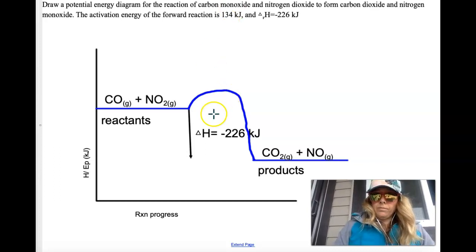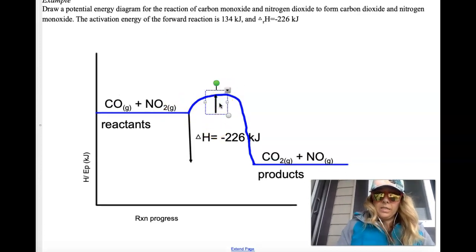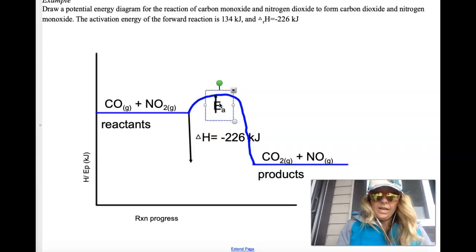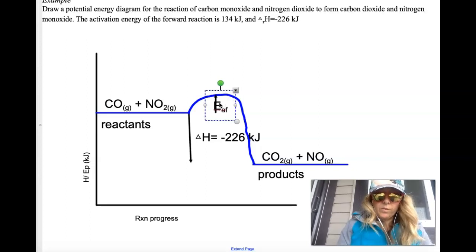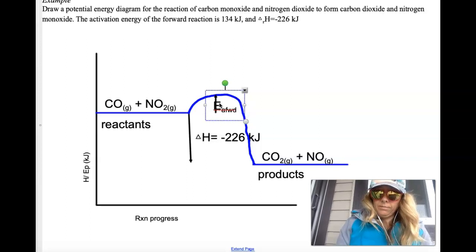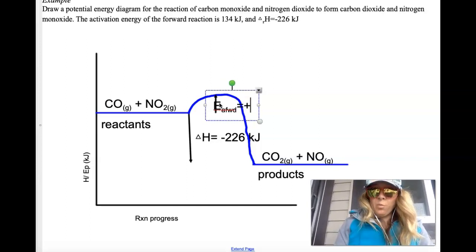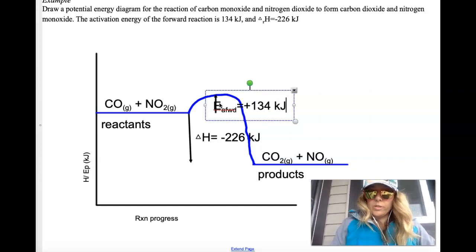So now, from here to here, going from the reactants to the top of the hill, that is going to represent the EA of that forward reaction, right? And EA of the forward we were given as, well, I meant to write equals positive 134 kilojoules.